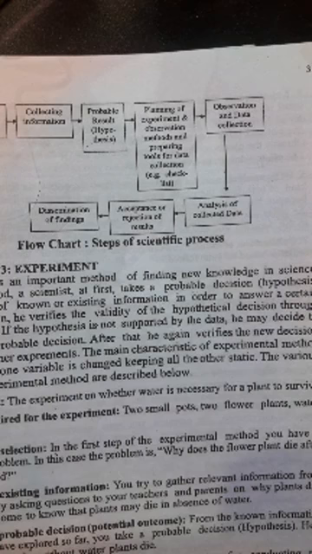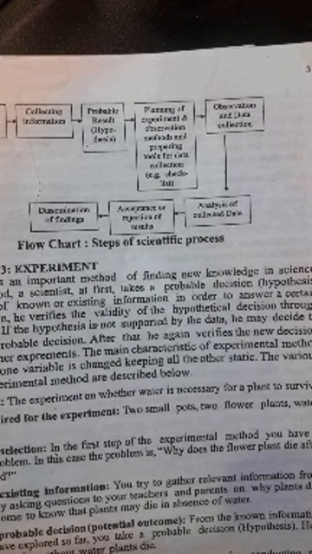Experiment, lesson 2 and 3. Experiment is an important method of finding new knowledge in science. In this method, a scientist at first takes a probable decision, a hypothesis, in the light of known or existing information in order to answer a certain question.